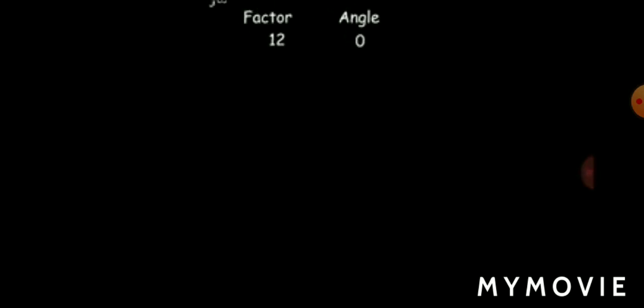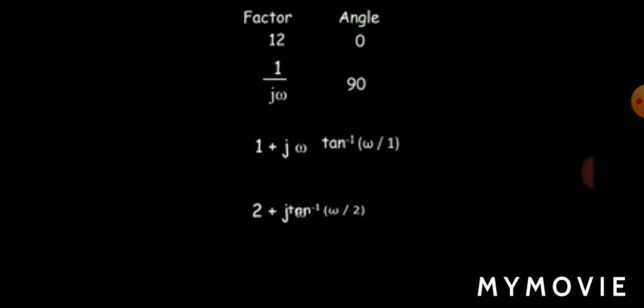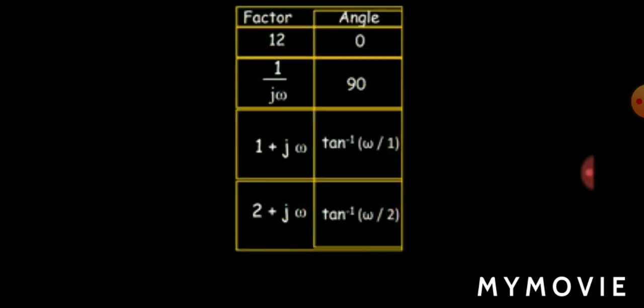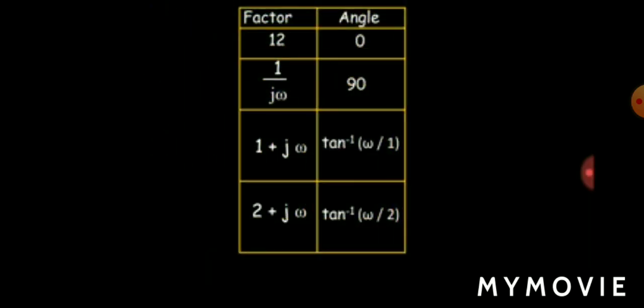On the left hand side we have the factors: 12, then 1 by j omega, 1 plus j omega, then 2 plus j omega. Similarly we find the angles. We know 1 by j omega means 90, then 1 plus j omega means tan inverse of omega by 1, then 2 plus j omega becomes tan inverse of omega by 2.